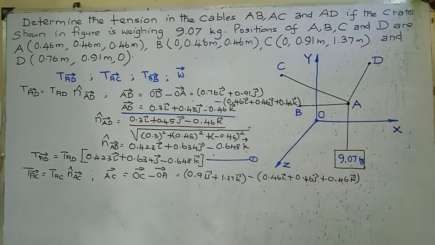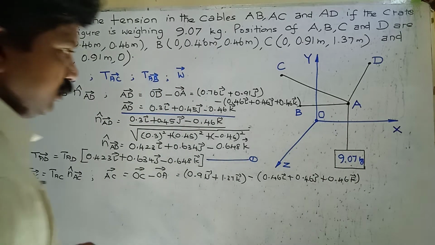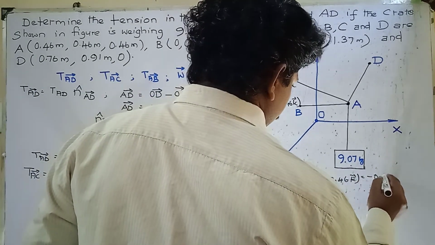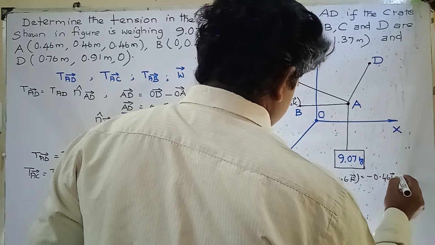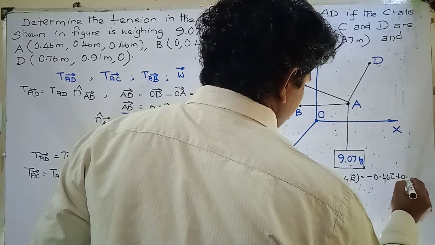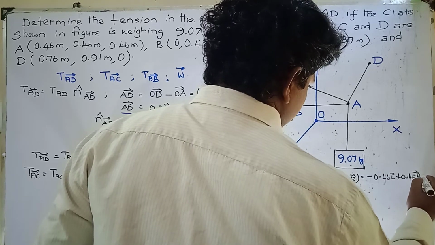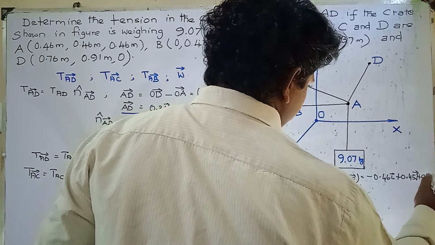So from that, AC vector equal to minus 0.46 i vector plus 0.45 j vector plus 0.91 k vector.